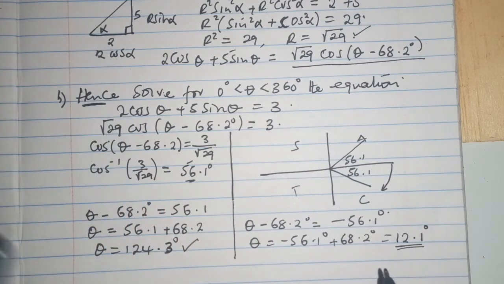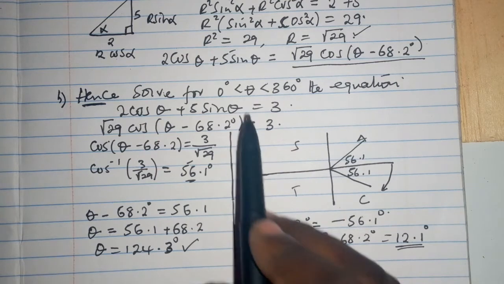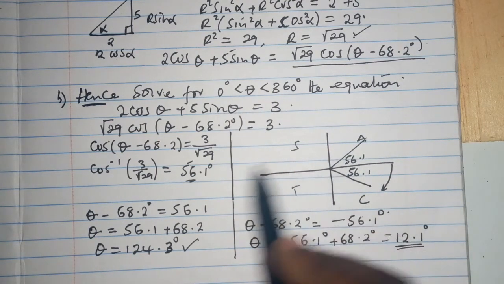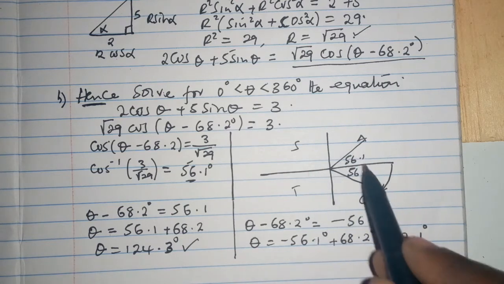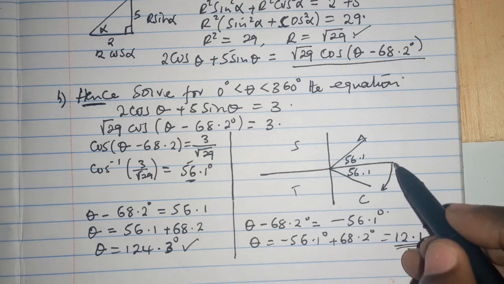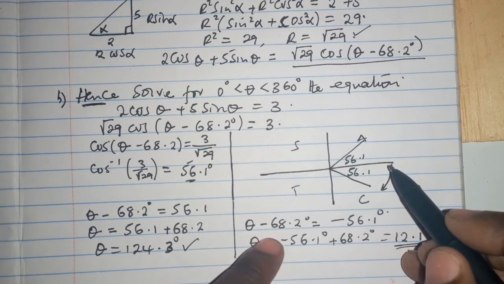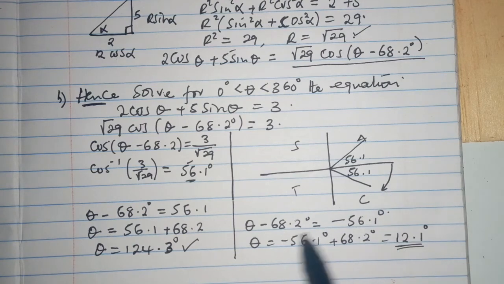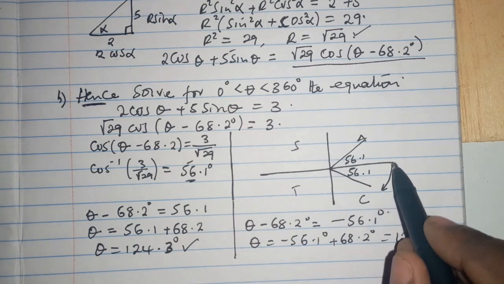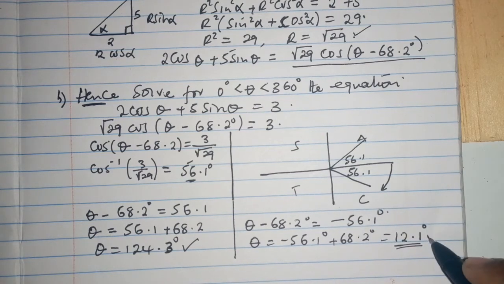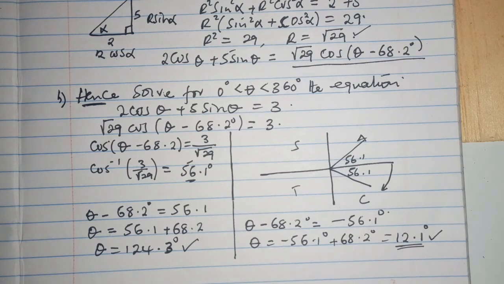And 12 is well within the range. The range is between 0 and 360. So please note, since cosine is positive in the fourth quadrant, it would have been possible, because there is an addition of 68.2 degrees when it gets across, for that angle to be negative 56.1, and that is the other value of theta.